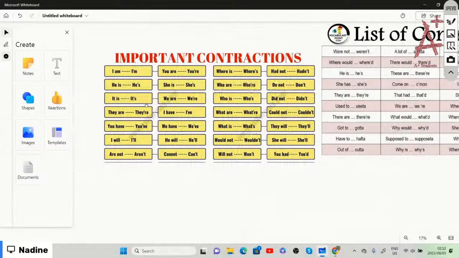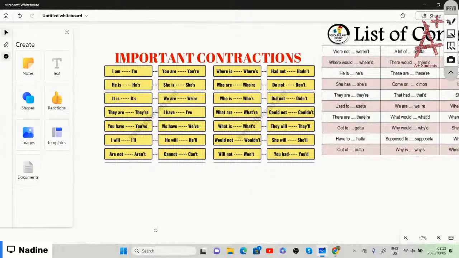I am, which is I'm, right? He is, which is he's. It is, which is it's. They are, which is they're. You have, which is you've. I will, which is like I'll.